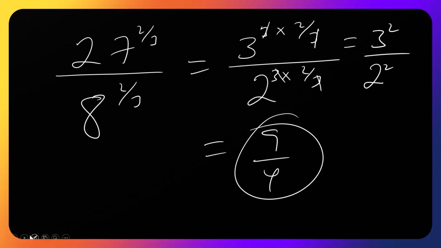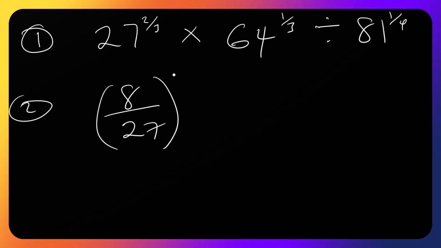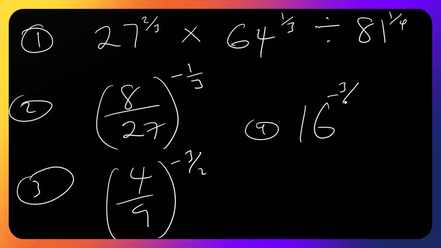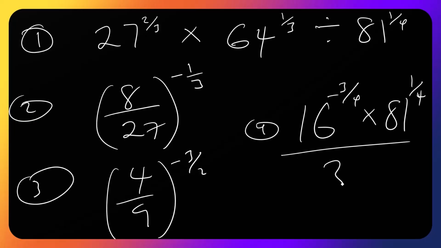Now let's try the following examples. Try them. Exponent minus 1 on 3, and we have 4 over 9 exponent minus 3 on 2, and the last one has to do with 16 exponent 3 on 4 times 81 exponent 1 on 4 on 32 raised to that.